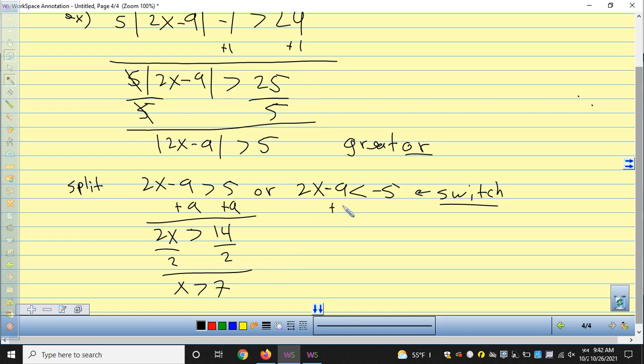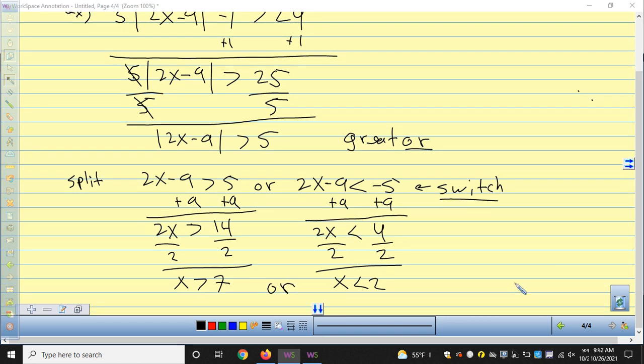Do the same thing here. Add 9 to both sides. So I get 2x is less than negative 5 plus 9, which is 4. Divide by 2, and I get x less than 2. And this is an or.